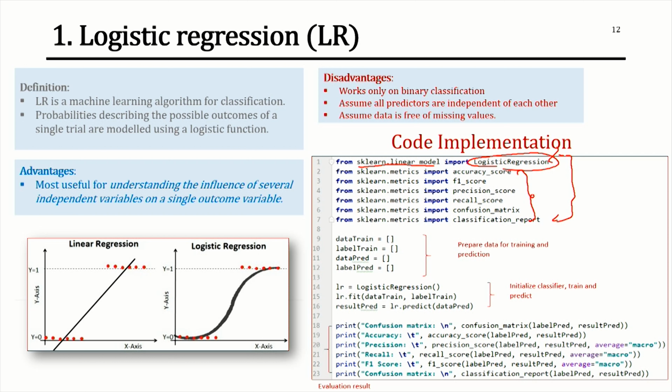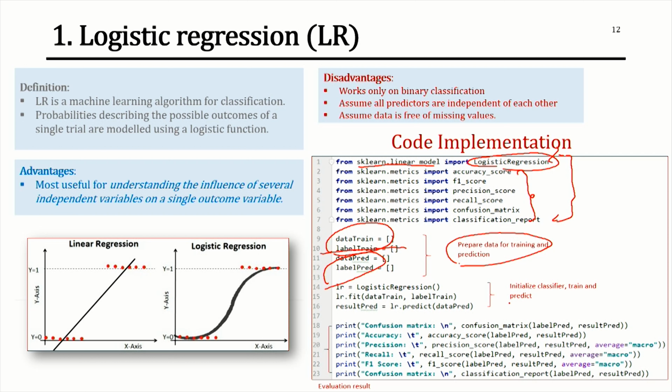And as we have seen in the process of building a classifier, we need to prepare the data for training and prediction first. So suppose you have this data. This is used for the training, and this one is used for the predictions. So in training, because it is a supervised classification, we know what the training data is and what the correct label is, as well as for the data for prediction.